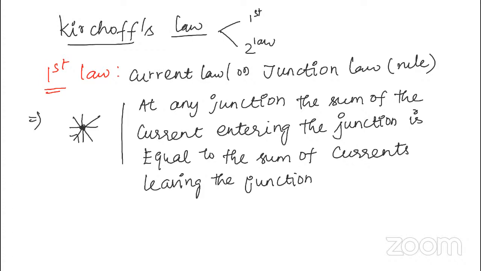So entering into the junction, leaving from the junction, the values should be equal.